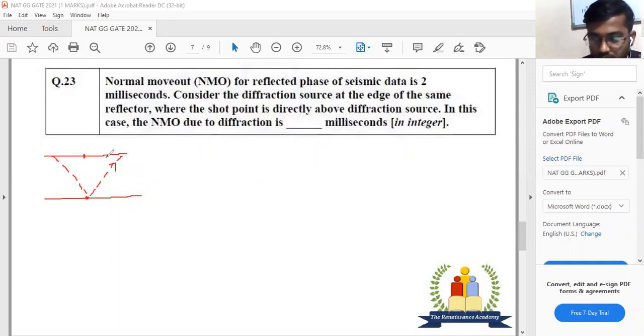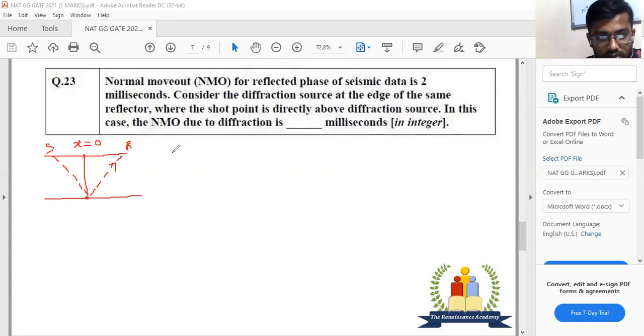This should be your source and the receiver should be here. But in this case, the shot point is directly above the diffraction source. So in that case S and R are coinciding. So this distance SR is nothing but your offset. Here offset, let's say X, is 0.